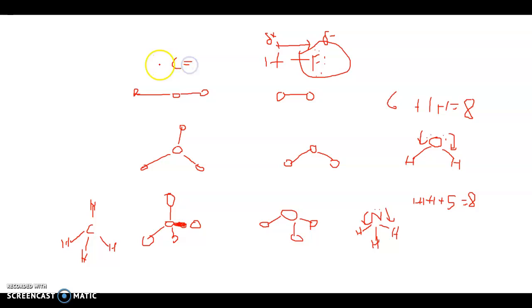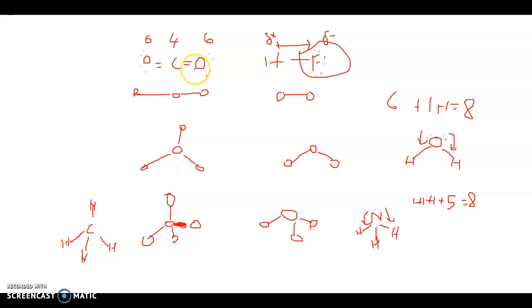Carbon dioxide double bonds with the oxygen. Oxygen has 6, carbon has 4, and then another oxygen gives me 6. So I need 10, 16. 1, 2, 3, 4, 5, 6, 7, 8. So I need 8 more. So I have these lone pairs on oxygen, right?